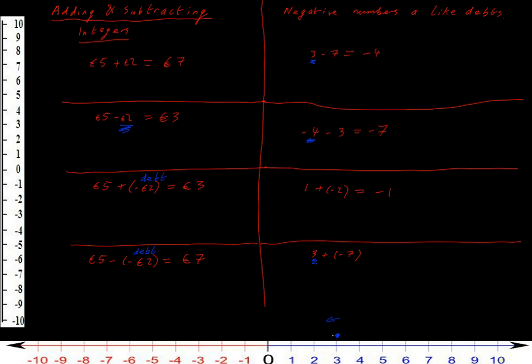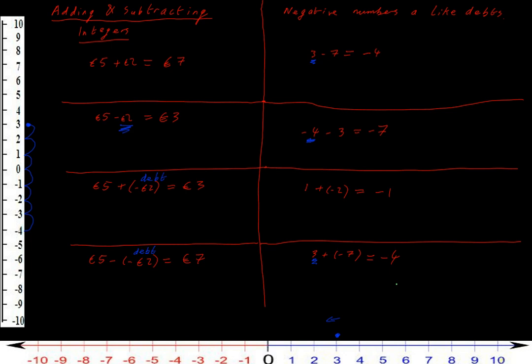We go down by 7 degrees. In fact, I think I'm going to do this on our thermometer number line over on the left hand side. So I start at 3, and I'm going to get 7 degrees colder. So I'm going to go down 1, 2, 3, 4, 5, 6, 7, and I end up down at minus 4.